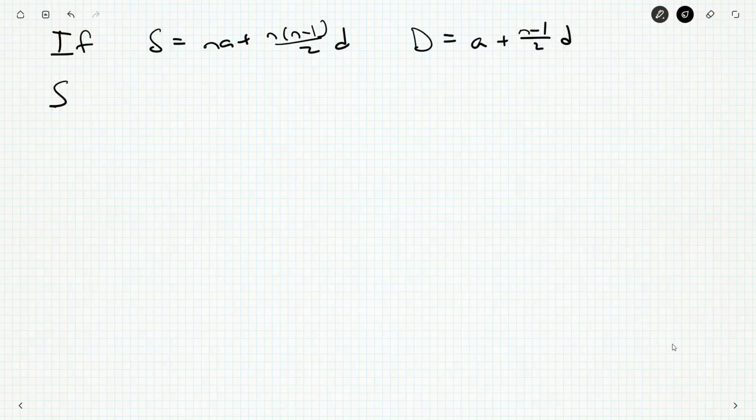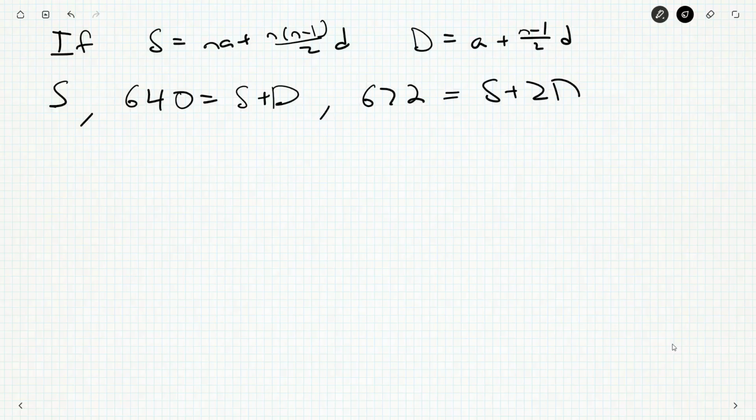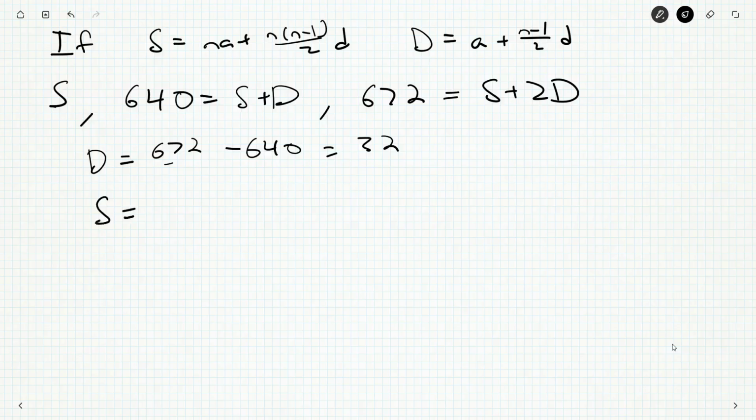we want S, and we know 640 is S plus D, and 672 is S plus 2D. So D must be 672 minus 640, which is 32, and so S is 640 minus D, 640 minus 32, 608.